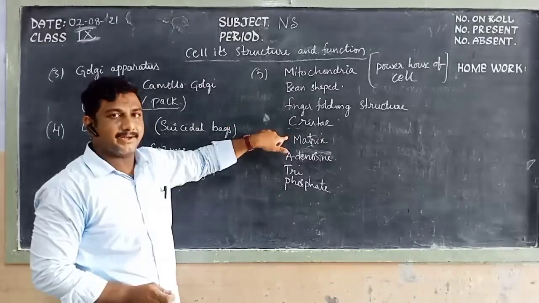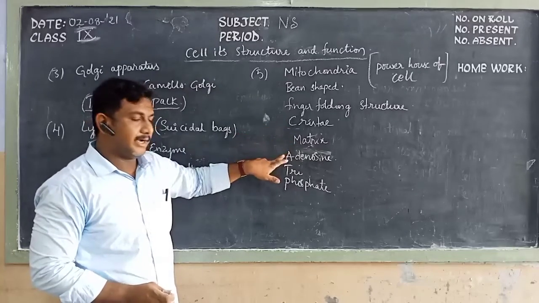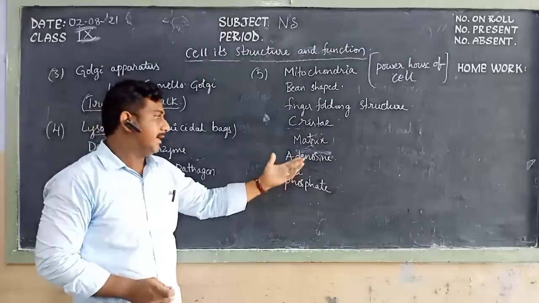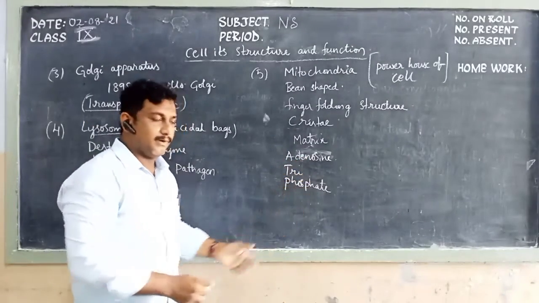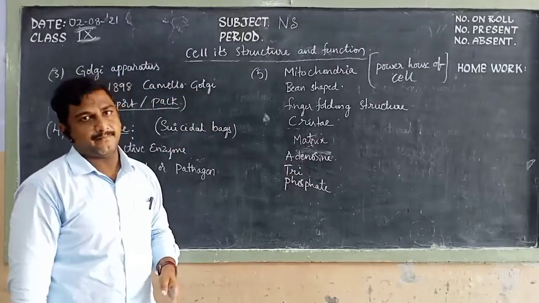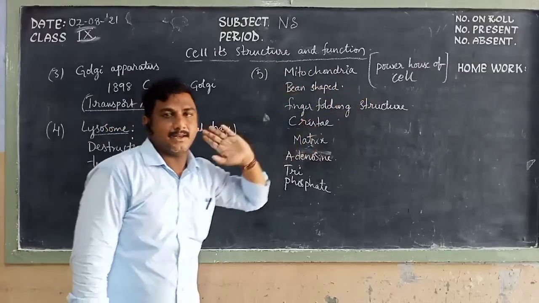We will observe the matrix, in which the cristae are floating, and it generates the energy in the form of ATP, adenosine triphosphate, which is known as the currency of the cell. This cell organelle is known as the powerhouse of the cell.